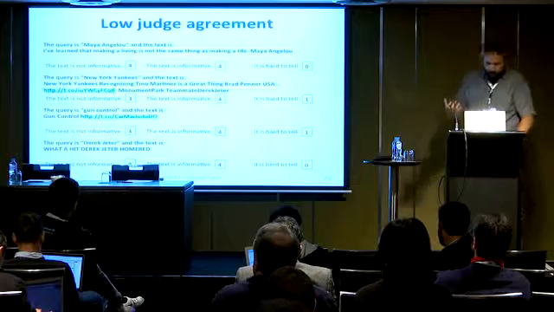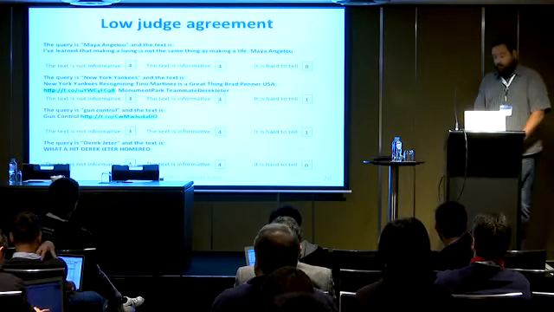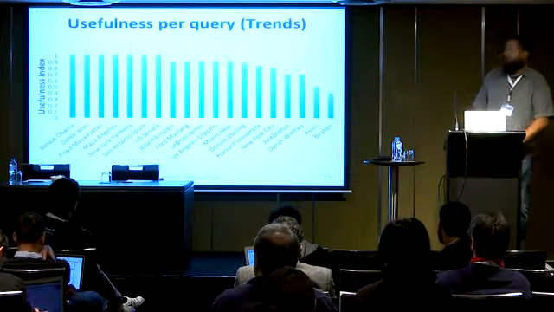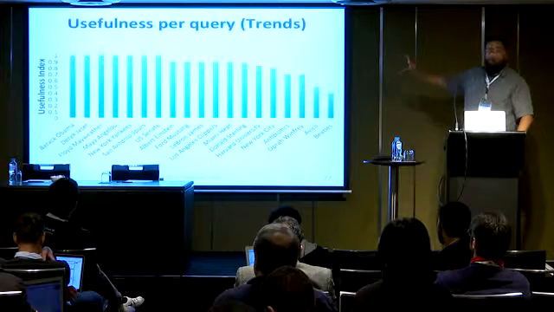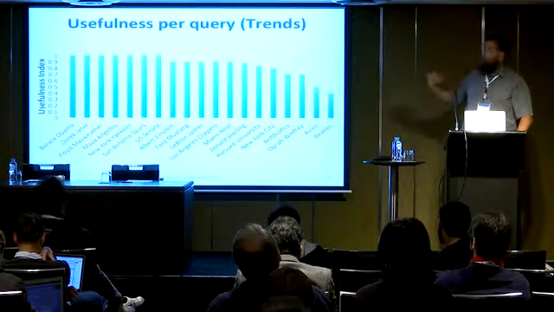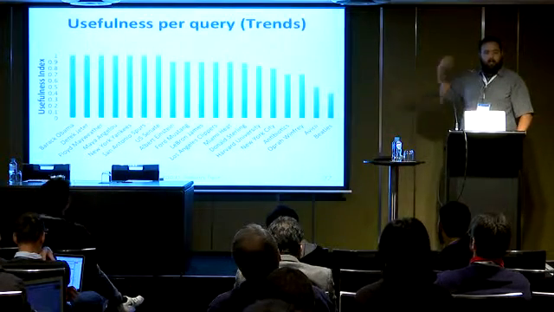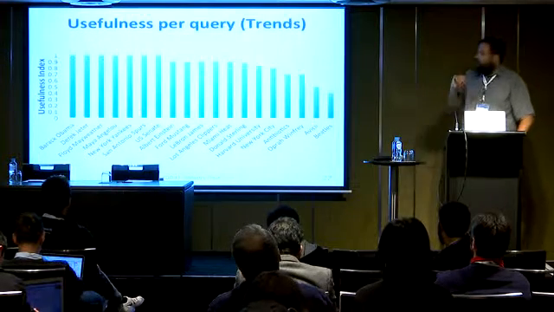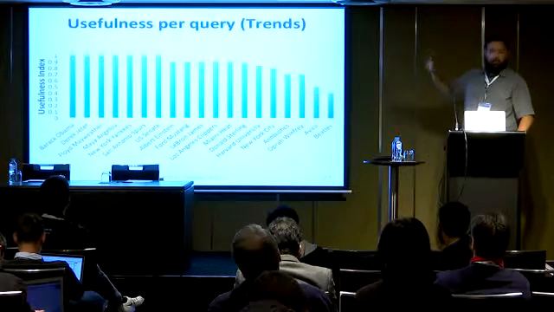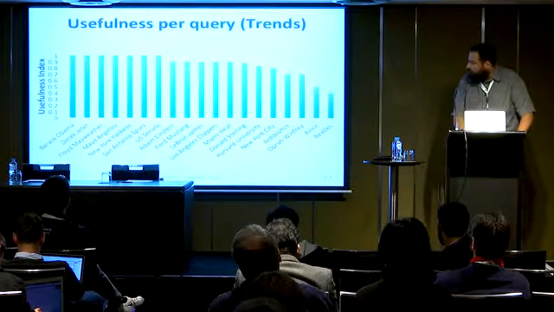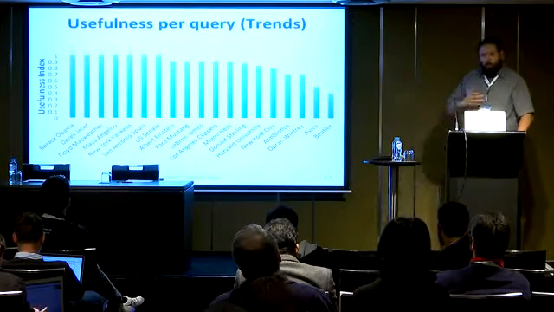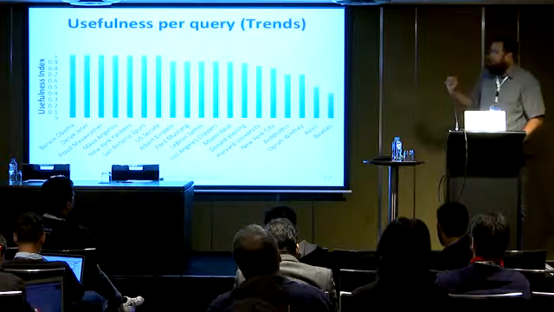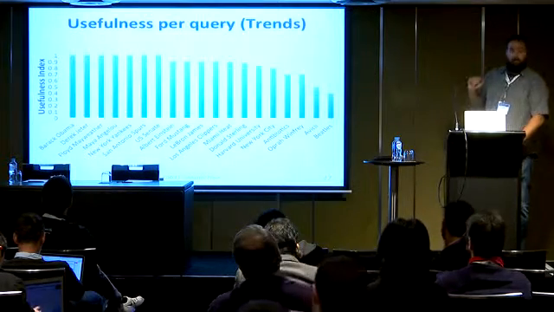But as you'll see in the next slide, the results are quite encouraging because here's the usefulness per query. And usefulness is simply on average, how many times the majority of the Turkers thought for each query that a result was useful. And so for Barack Obama, for example, all the time, all the results were deemed useful by the majority of the Turkers.